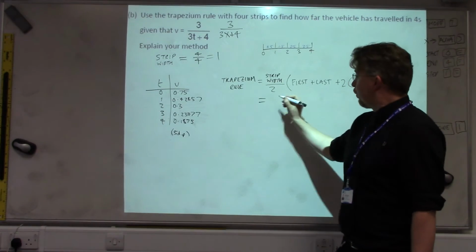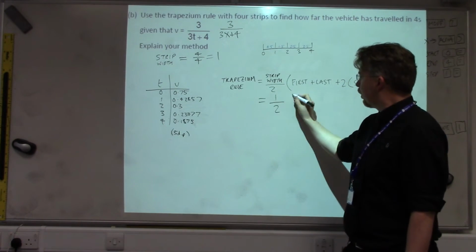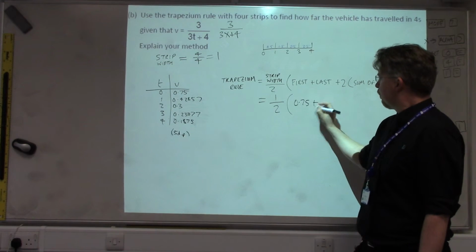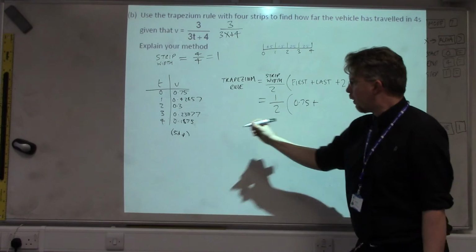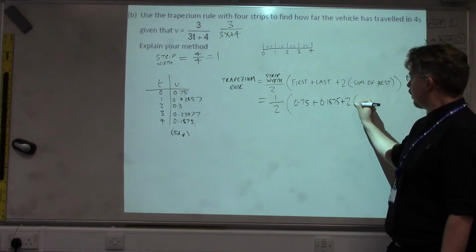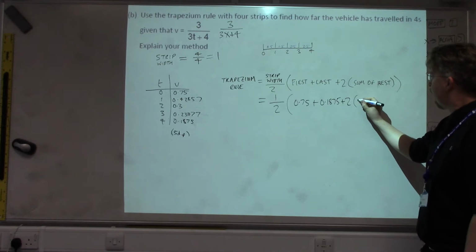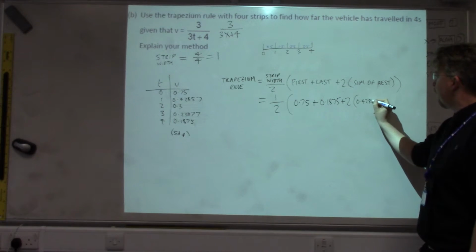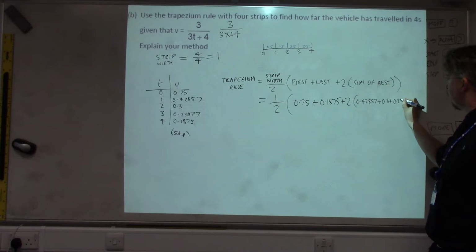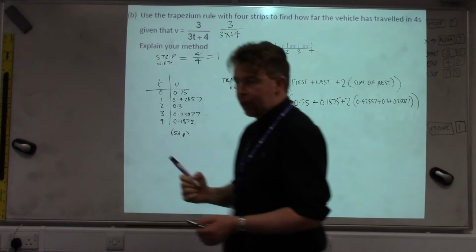So the strip width is 1, divided by 2, open bracket, first 0.75 plus last 0.1875 plus 2 times the sum of the rest: 0.42857 plus 0.3 plus 0.23077. Done. Close the 2 brackets.